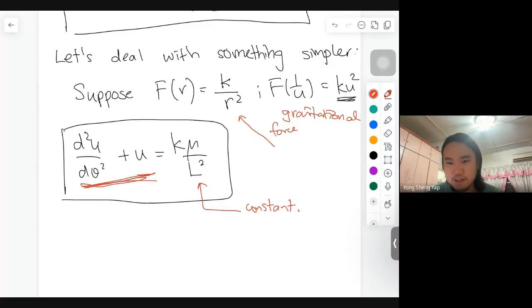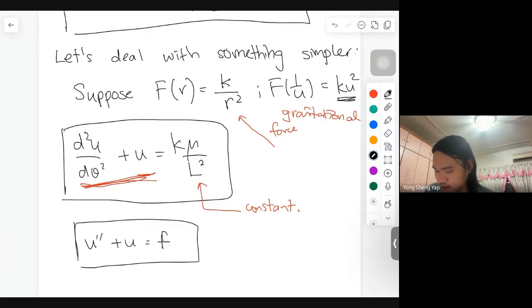Does anyone have any idea? Maybe I need to write it in a little more suggestive way. Let's say f is a constant. Does this remind you of any nice equation of motion from last week? Anyone?